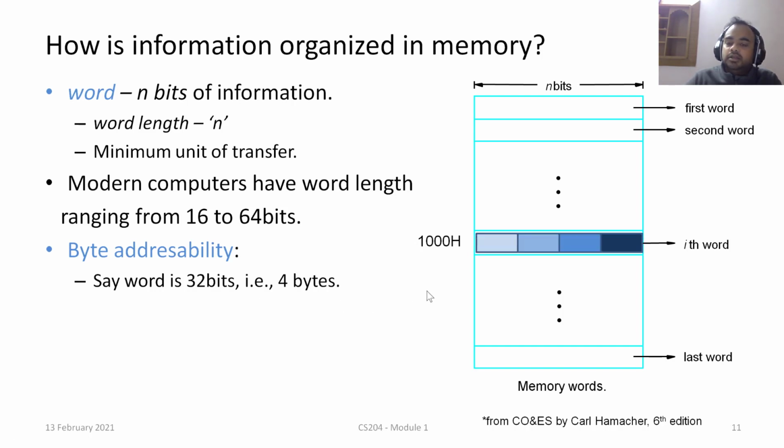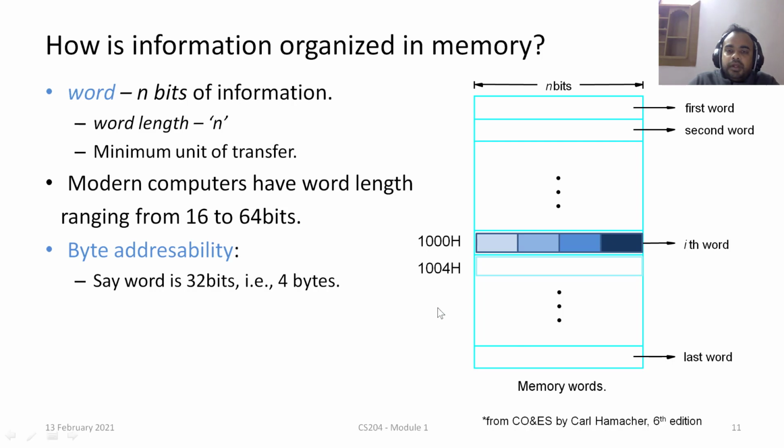If it is 32 bits in length, then the address of the first byte would be 1000, the second byte 1001, third 1002, and the fourth 1003. Accordingly, the address of the next word would be 1004. Each word represents 4 bytes, and each of those 4 bytes has a unique address. Make sense?